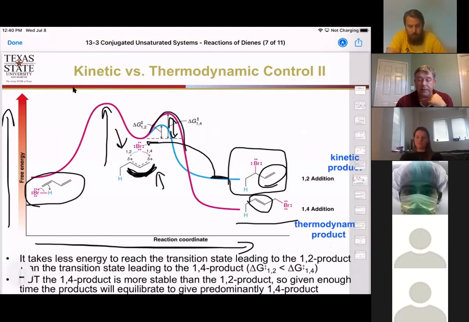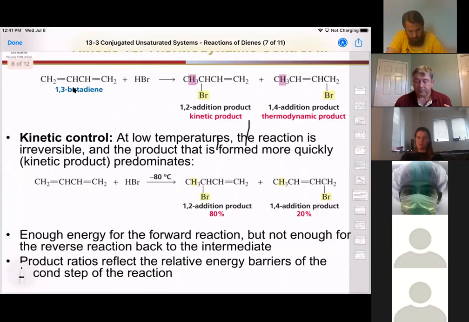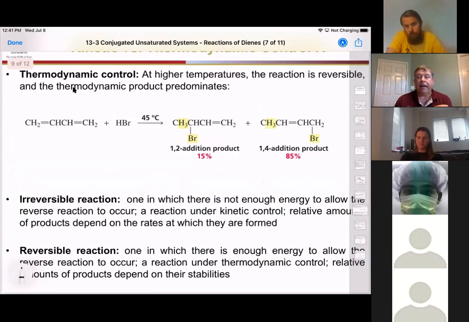But if we added more heat, notice we can get back to this intermediate and then come back down to the more thermodynamically stable product if we have enough energy to get back to that intermediate. So if the reaction's reversible, that gives us time to make the more stable product, because the less stable product can go back to that intermediate and get back.